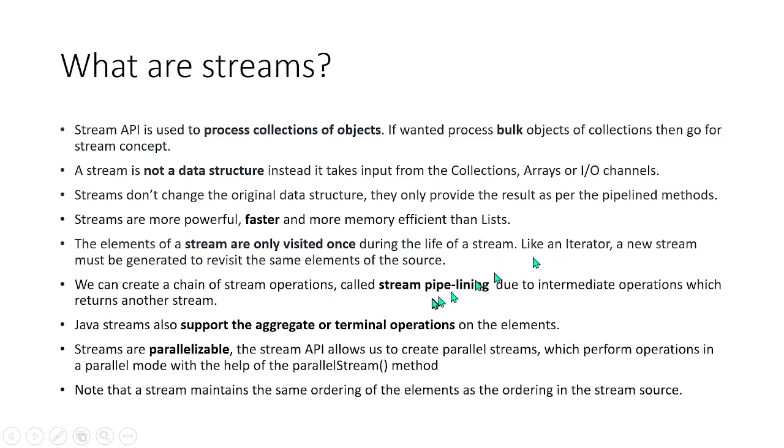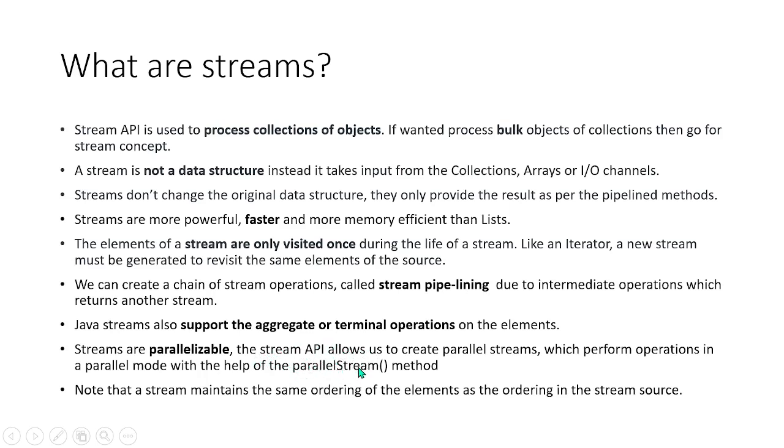That is stream pipelining, the intermediate operations. And it also supports terminal operations, as I showed you, aggregate or terminal operations. And we can also use a parallel stream, it is faster, with multiple threads, multiple processes happening at a time, okay, if we use this parallel stream.